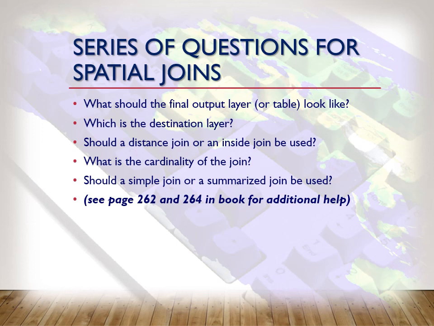What is the final output supposed to look like? What is the destination layer? Are we dealing with a distance or an inside? What's the cardinality? If you can figure out the cardinality, then you can easily figure out if it's going to be a simple join, which is usually one-to-one or many-to-one, or a summarized join, which is one-to-many or many-to-many.